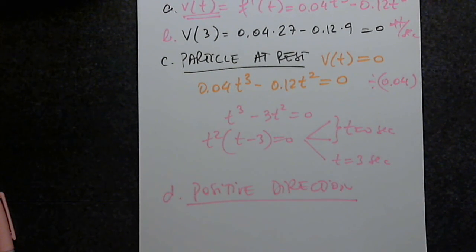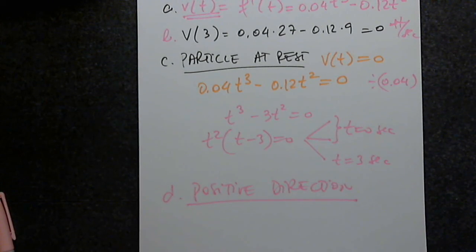And we said, well, it's not that the velocity is negative, but it just shows direction. So if a particle moves up, we consider it in the positive direction. When it comes back down, we consider negative direction. To your right, we consider positive direction. To your left, we consider negative direction.